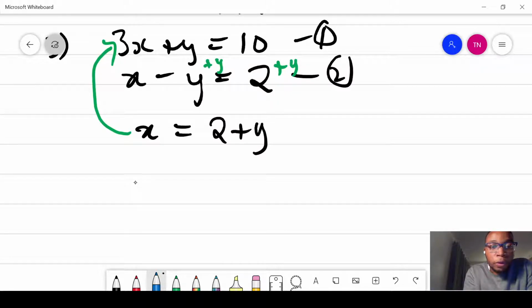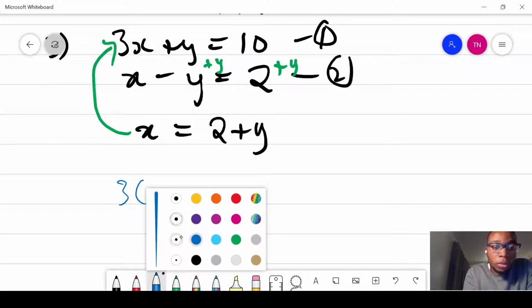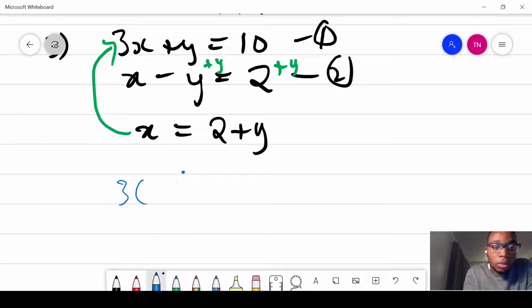So that you could get the value of your variable. So 3 multiplying x. x is what? This value here, 2 plus y.